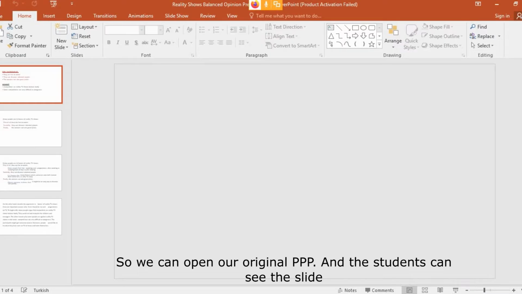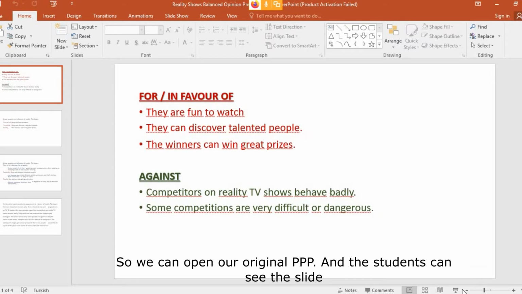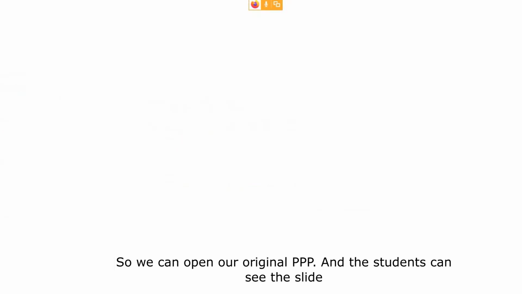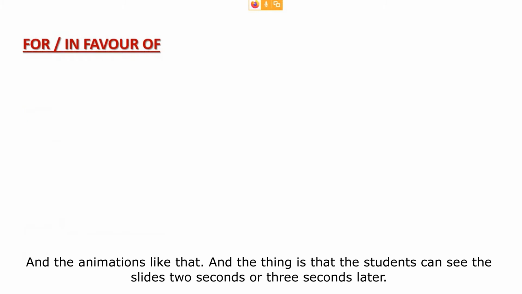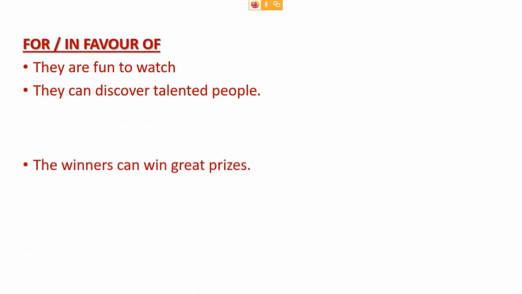So we can open our original PowerPoint presentation, and the students can see the slide and the animations like that. The thing is that the students can see the slides 2 or 3 seconds later.